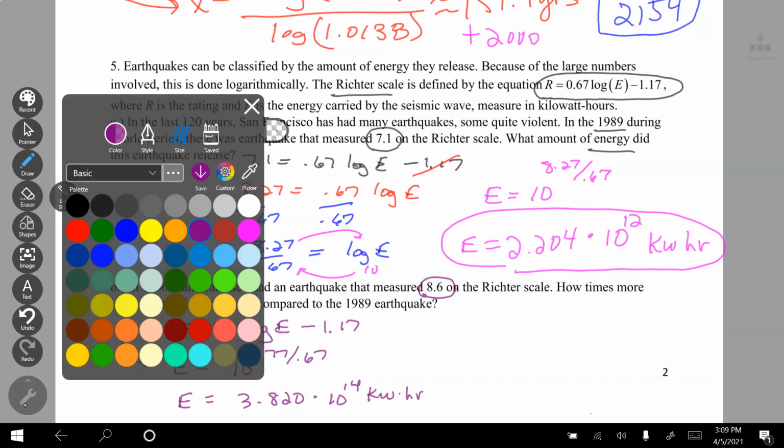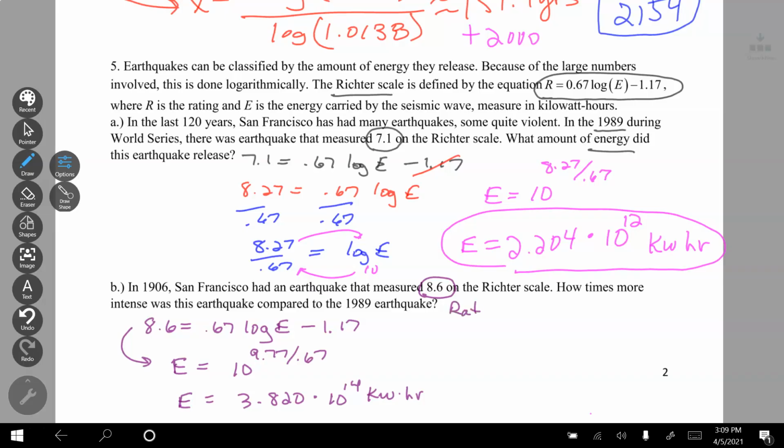So now I'm going to do my ratio of the higher number, the 1906 earthquake, over the 1989 earthquake. So 3.82 times 10 to the 14th over 2.204 times 10 to the 12th.